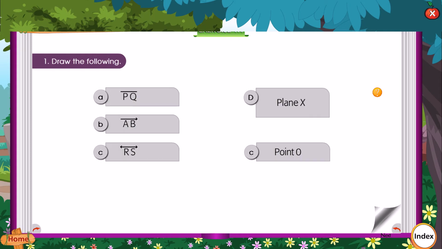Exercise. Draw the following. Name the figures shown below.